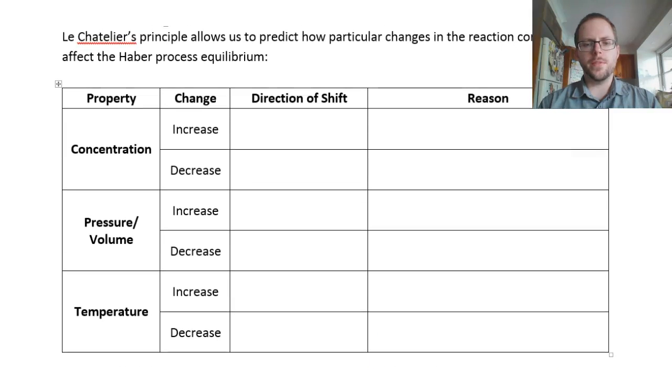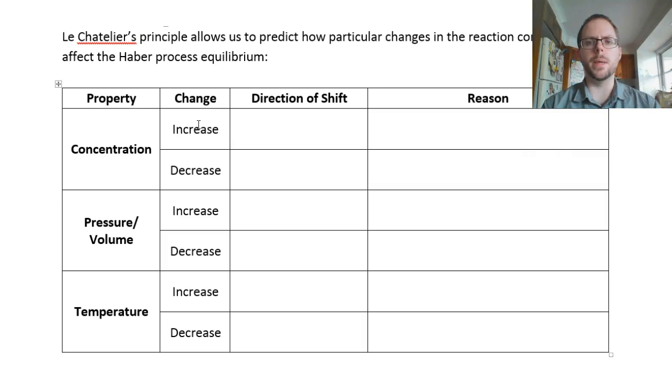Okay, so we're going to focus on using this particular table. Before we get too far underway, I'm going to make a small adjustment to the rows here when we're thinking about concentration, because as you may remember, we can change the concentration of any substance in our equilibrium, and that will affect which way it will shift.